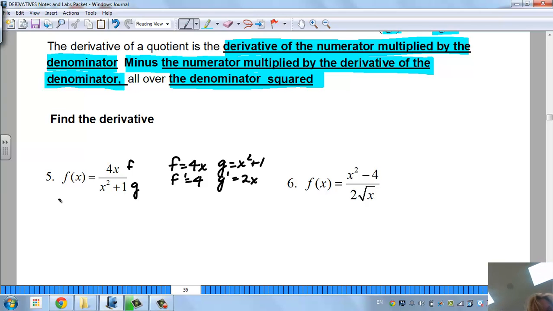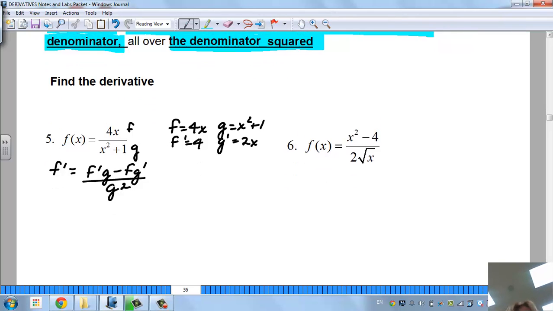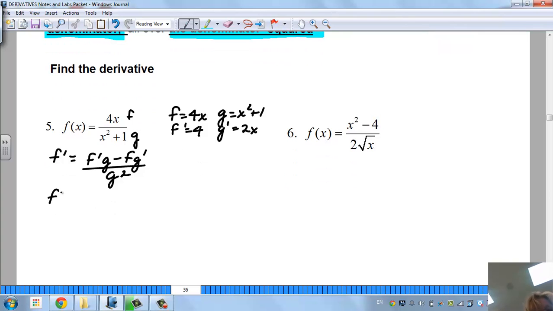So let's set up our new thing. F prime is going to be f prime g minus f g prime all over g squared. So f prime of x is going to be f prime times g, so it's 4 times x squared plus 1.